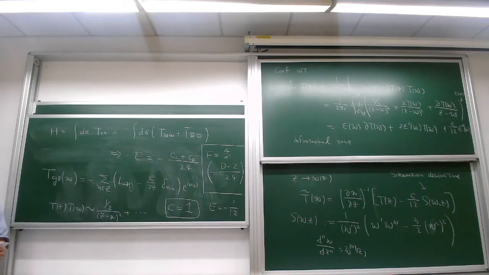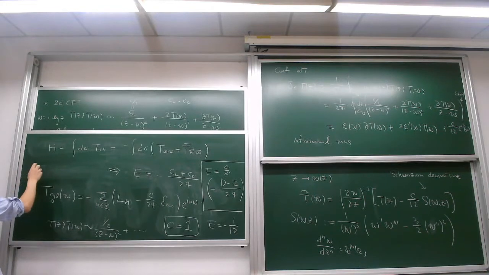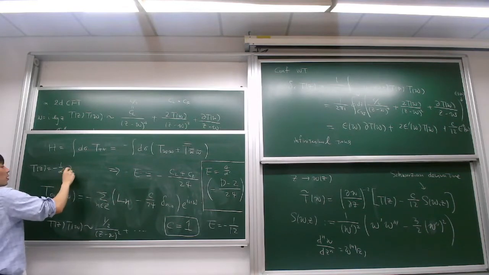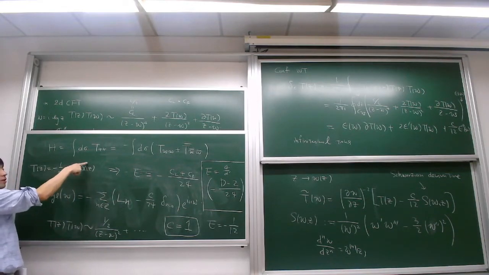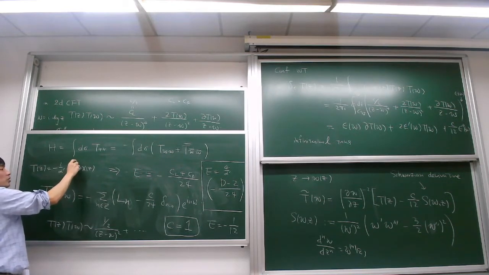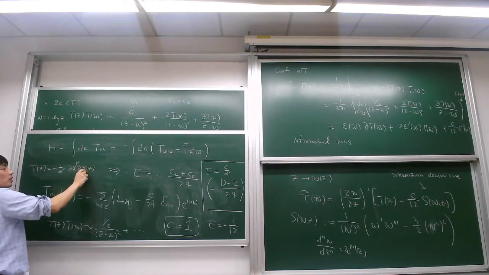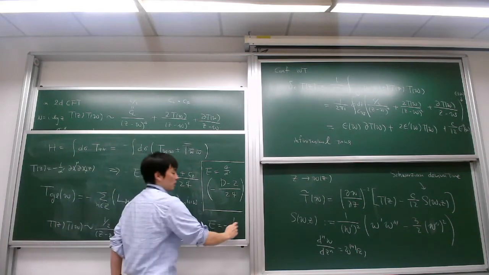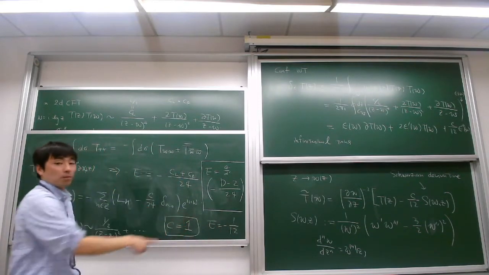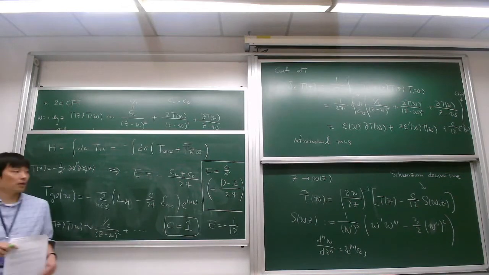And here, for the free scalar, what we have done is T of z is equal to minus 1 over alpha prime, partial x of z squared. I forgot about the mu; usually you need to include all the mu. If you sum over mu, you get d times this number.